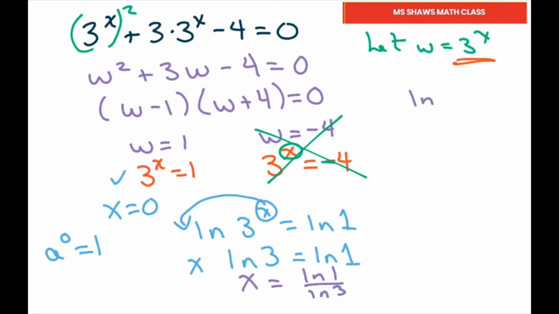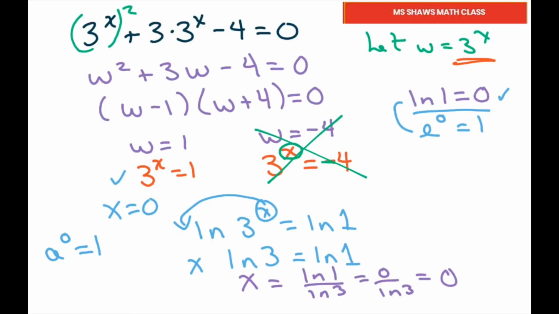However, ln of 1 equals 0, so you would have 0 divided by ln of 3, which equals 0. The reason this is true is because e to the 0 equals 1.